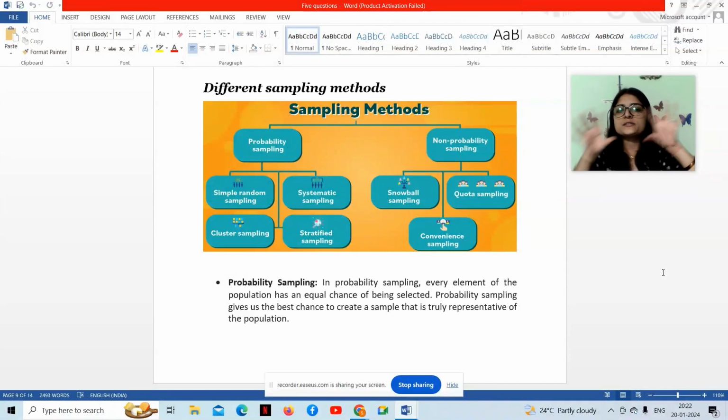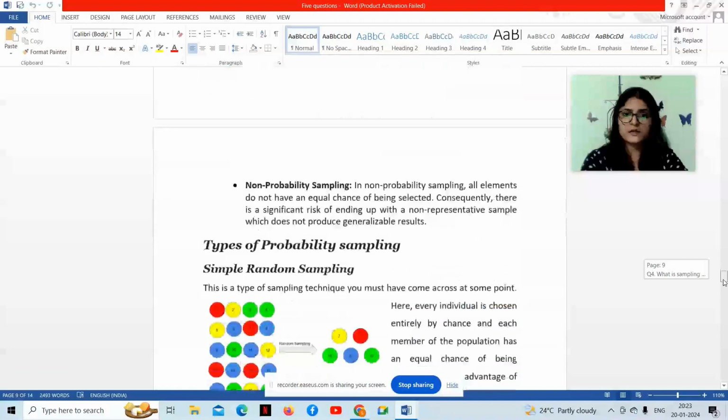So, what is the difference between probability and non-probability sampling? Probability means each and every element of the population has an equal chance of being selected. Probability sampling is also known as truly representative of the population, because each and every element in the population has an equal chance of being selected.